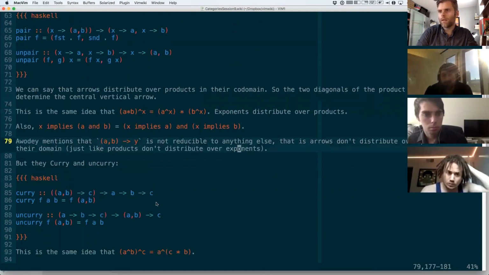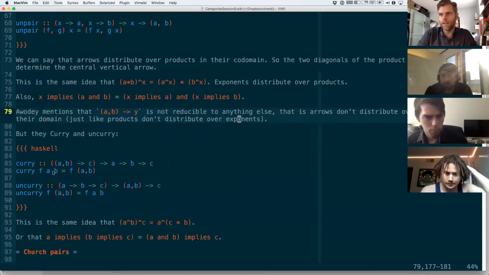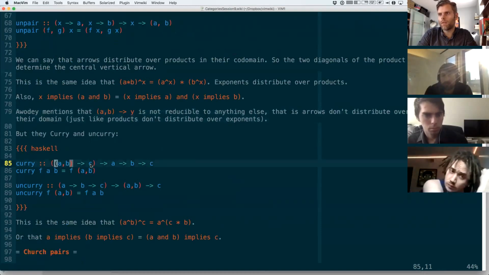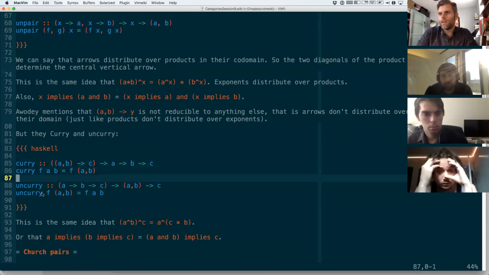But he says they curry and uncurry, and that's sort of a digression that he gives. So if we have a function from a product to some type C, that's the same as having a function that takes an A and then returns a function that takes the second argument and returns the C, right? So that's his curry. And then we can uncurry.